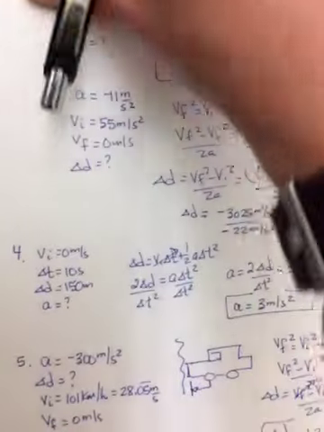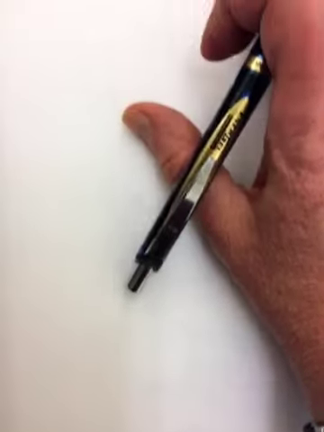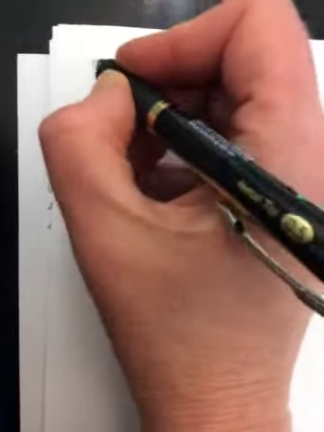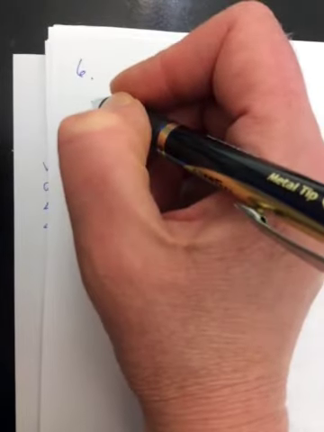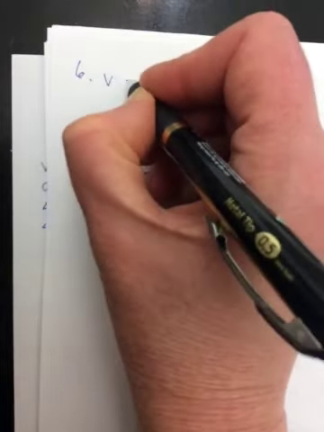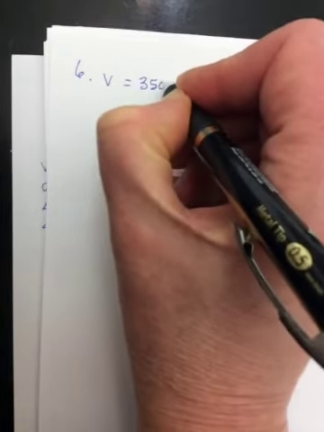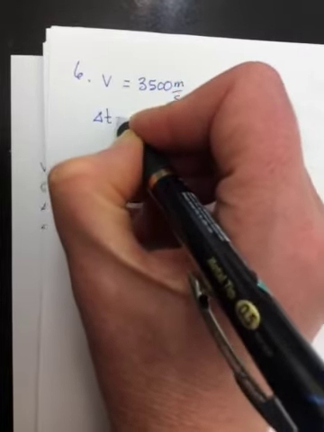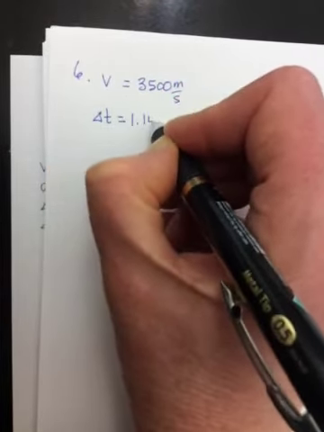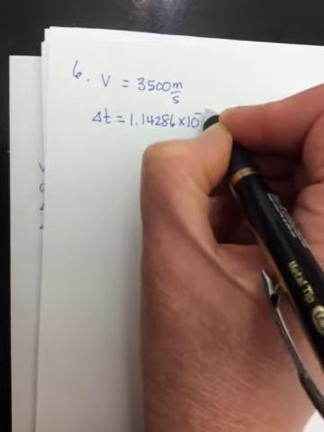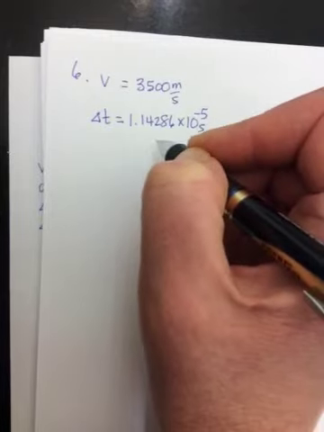Number 6 says engineers are developing new types of guns that might someday be used to launch satellites as if they were bullets. One such gun gives a small object a velocity of 3,500 meters per second, moving it for only 1.14286 times 10 to the negative 5 seconds, roughly.